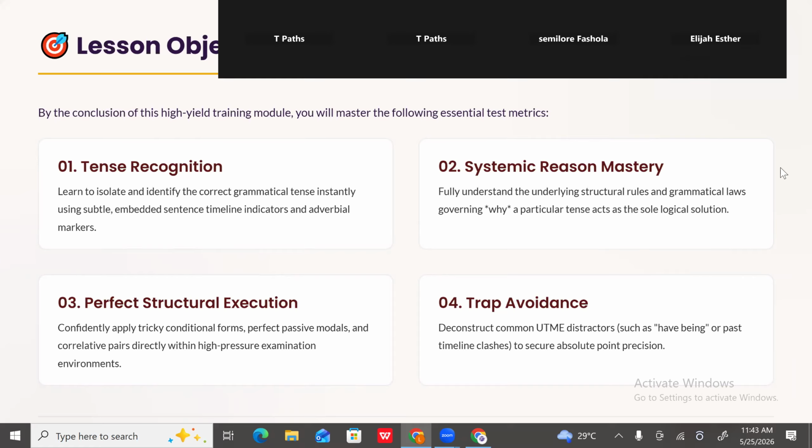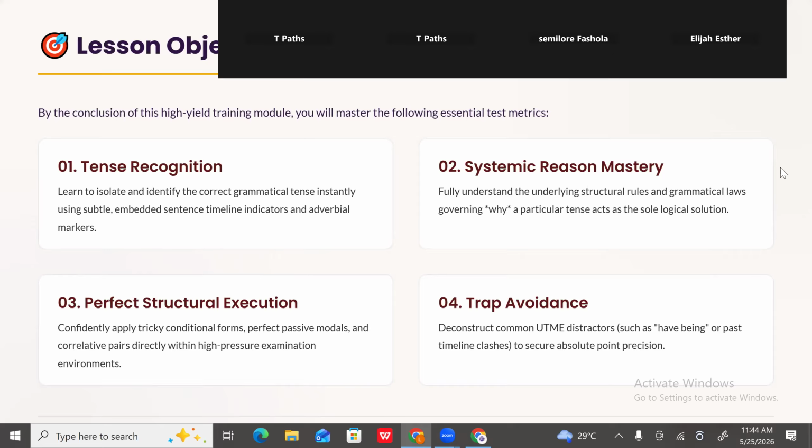By the end of this lesson, you should be able to isolate and identify the correct grammatical tense instantly using the subtle embedded sentence timeline indicators and adverbial markers. Systematic reasoning mastery: fully understand the underlying structural rules and grammatical laws governing why a particular tense acts as the sole logical solution.